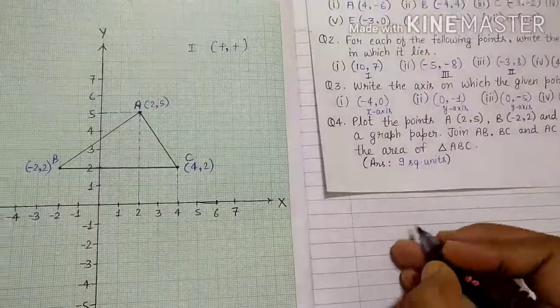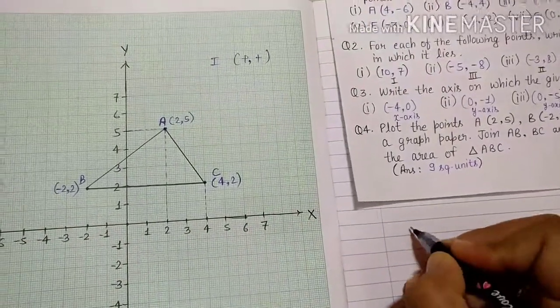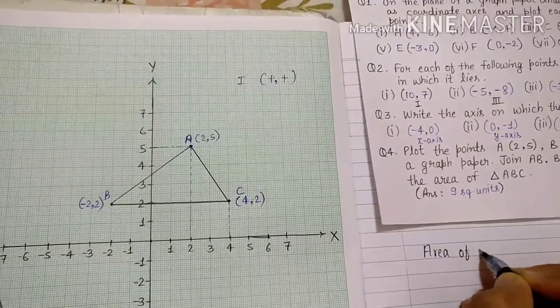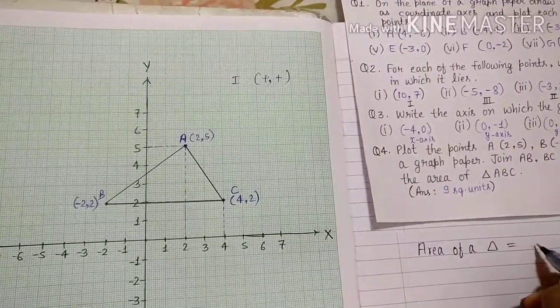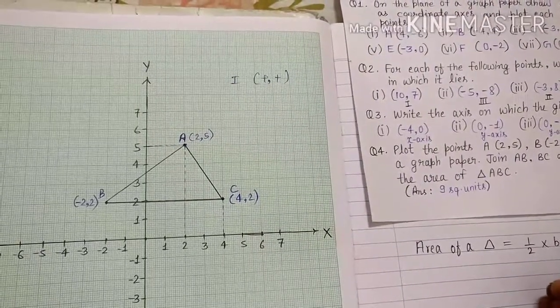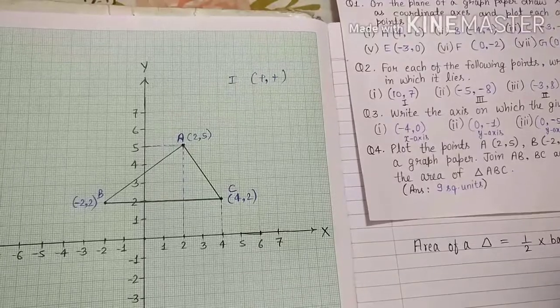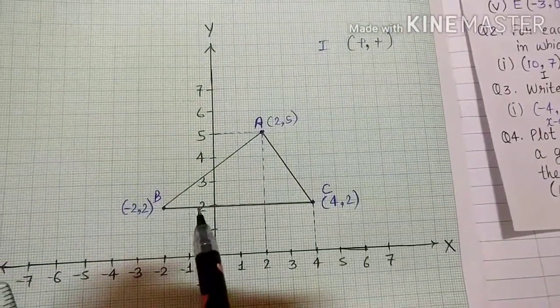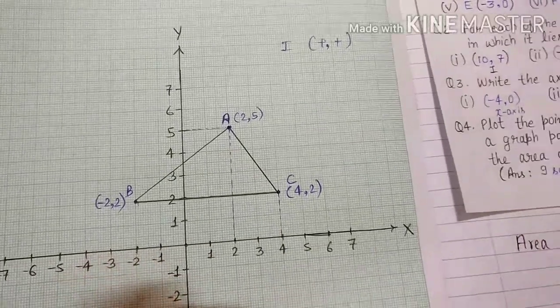Okay, as we have to calculate the area of the triangle, we have to write the formula. Area of a triangle equals half into base into height. Now just look here, what is our base? Base is BC.